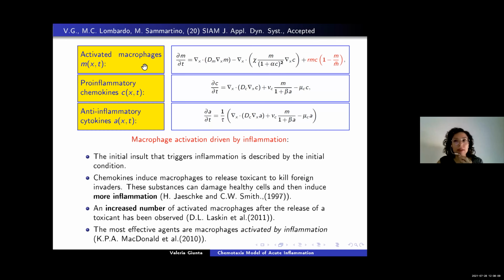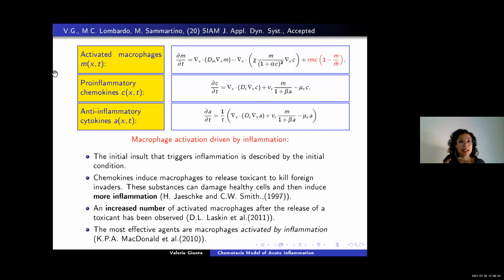This term describes the activation of macrophages. As you may have noticed, in this model, there is not a pathogen triggering the inflammation. Here we assume that the initial insult is described by the initial condition. And here we decided to describe the activation of macrophages driven by inflammation itself.